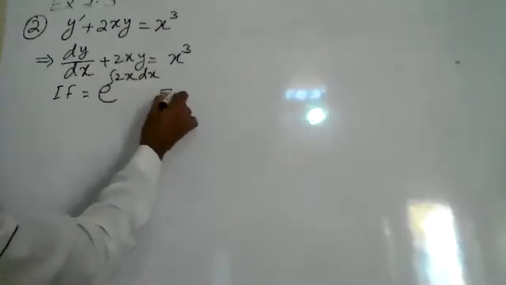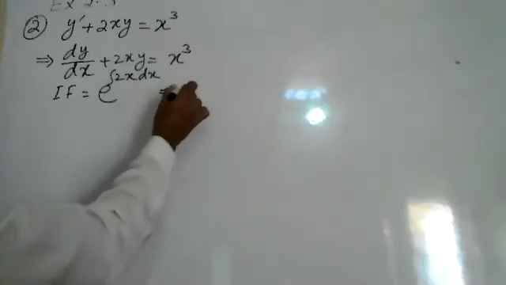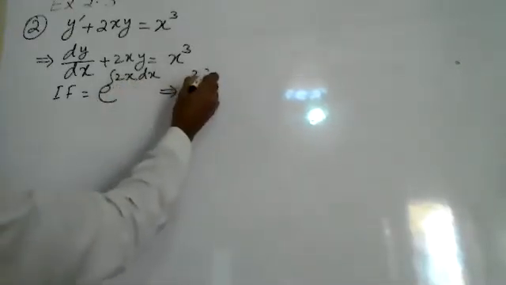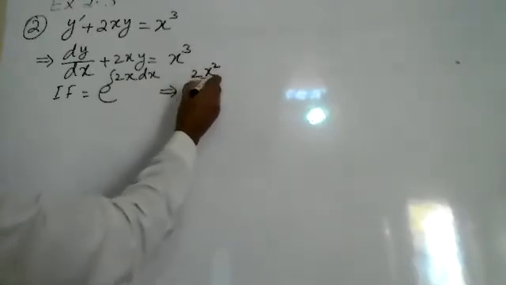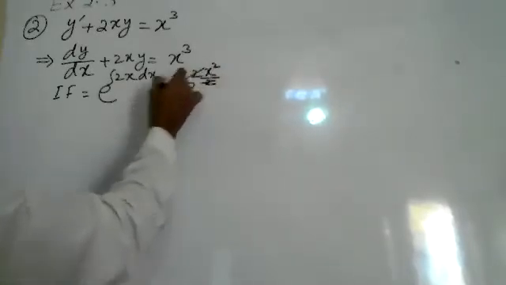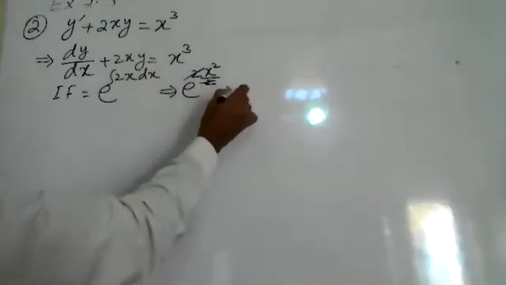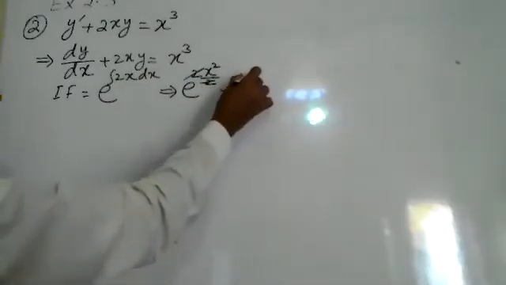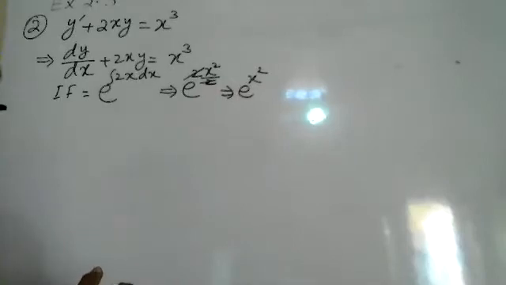It will become e raised to power 2, here is x, so it will become x square upon 2. 2 is cancelled by 2. It is e raised to power x square. Integrating factor is e raised to power x square.